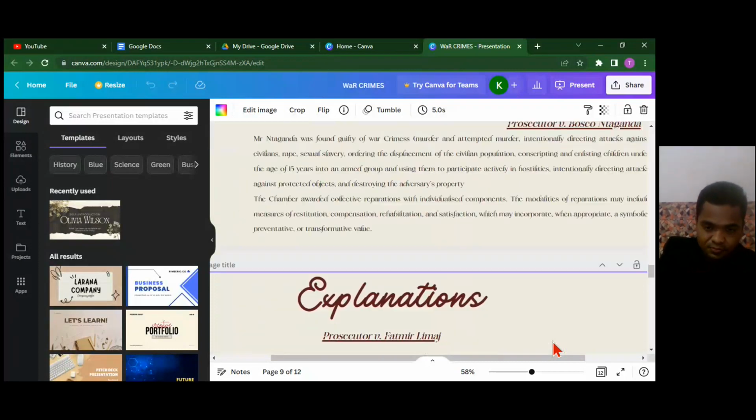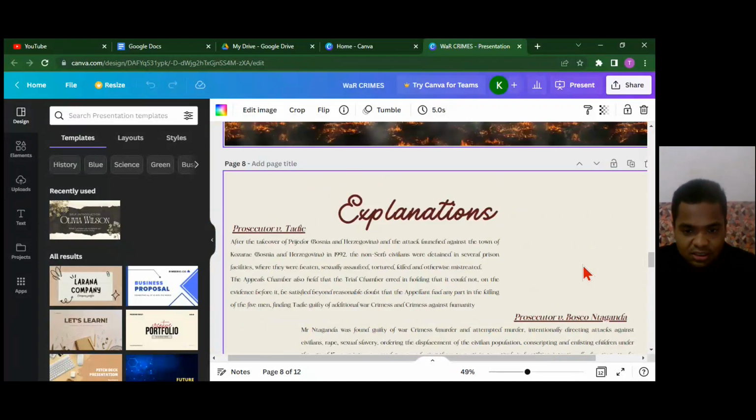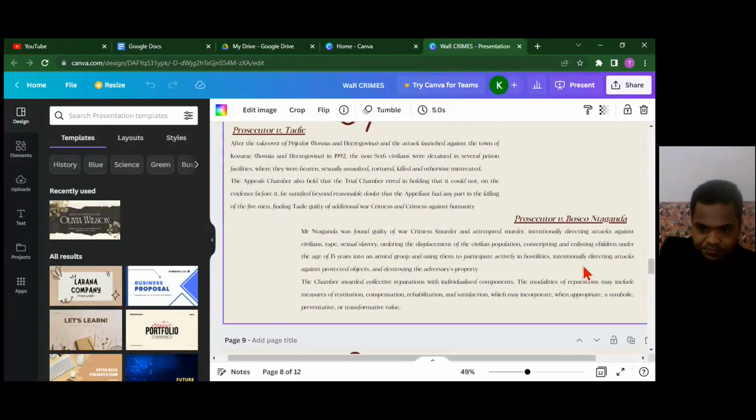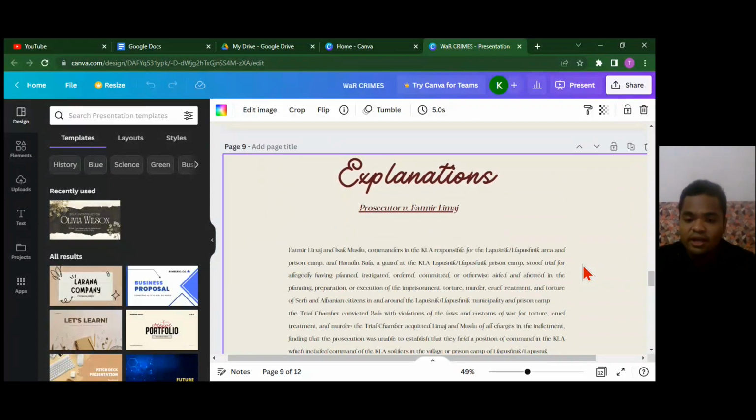Okay. From these 3 cases, we can be sure that all of the perpetrators committed sexual assault, killing of civilians, torture, and also destroying the adversary's property, making war crimes very wide.